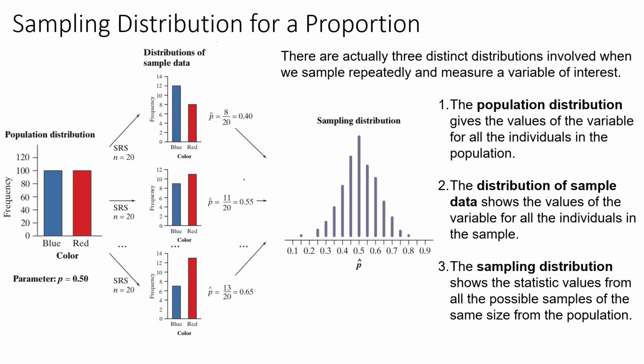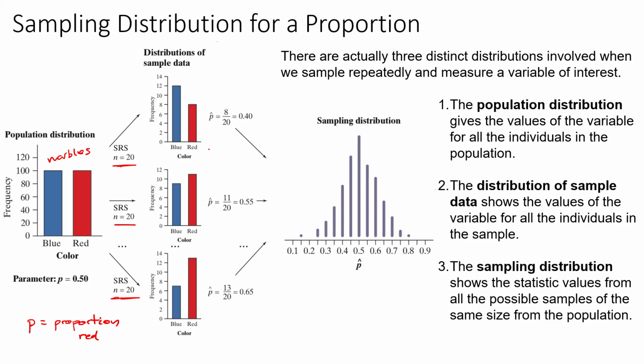All right, what about with proportions? So I have 100 blue marbles and 100 red marbles, and we take simple random samples of size 20. Right now it's half and half. Say we look at the proportion, where p equals the proportion that are red.